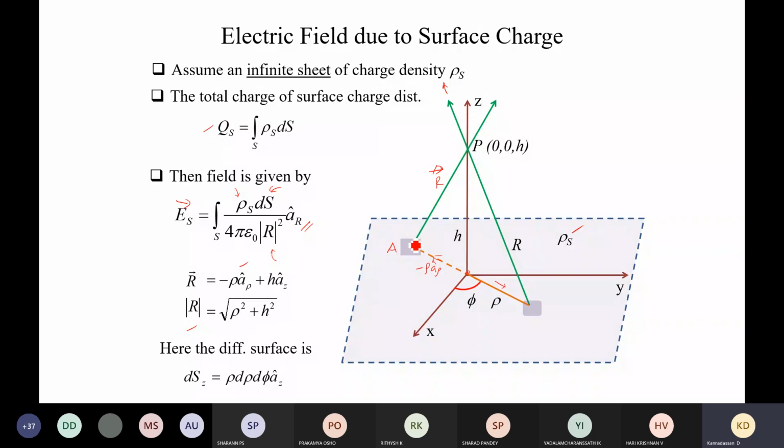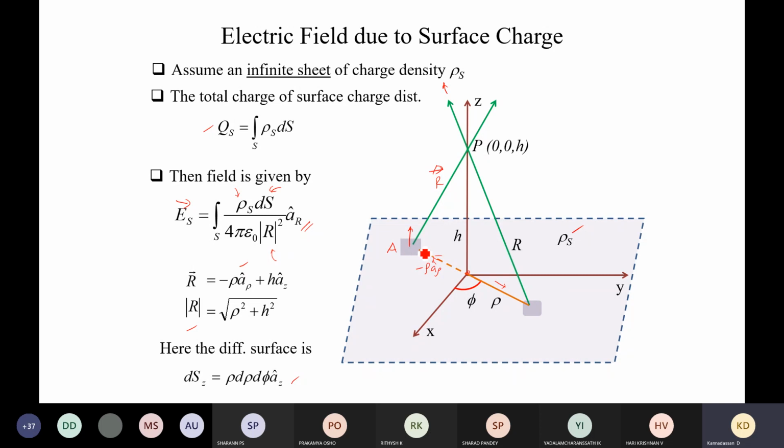The surface vector will always be perpendicular to it. Since it is defined with respect to the x and y axes, it always has a normal vector of z vector. And how to define this area? It is very simple: rho d rho d phi. That is the area with respect to the cylindrical coordinate system.